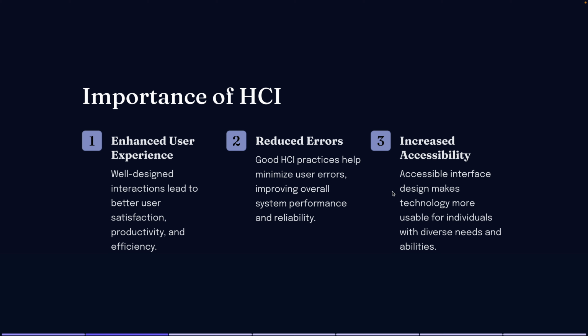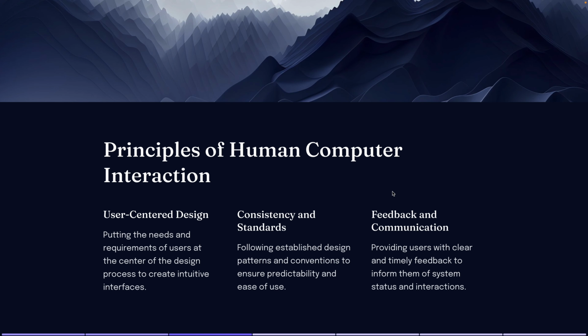So, by considering factors such as screen reader compatibility, keyboard navigation, and color contrast, by prioritizing accessibility and HCI, designers not only adhere to ethical guidelines and design guidelines, but they also expand their user base to include individuals with different sorts of abilities.